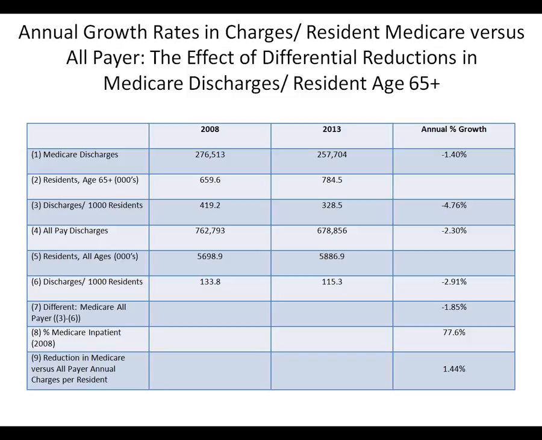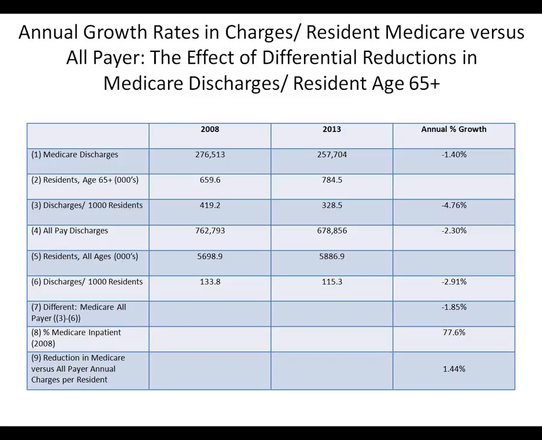So Medicare's reduction in discharges has exceeded the all-payer reduction by 1.85% per year. 77% of Medicare services are inpatient, so we multiply those two together, and we conclude that if this reduction in Medicare discharges had had the same case mix as the folks who were left over, it would account for 1.44% of the 2.94% of the difference statistic.